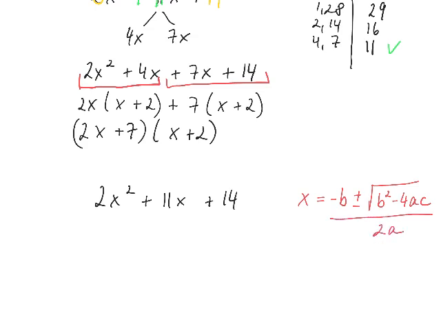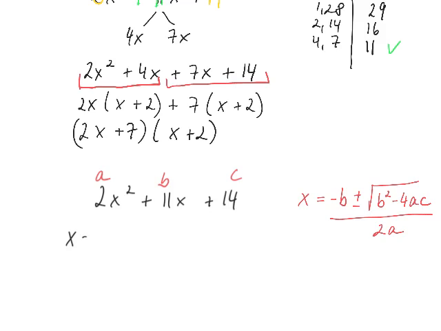So what do these letters mean? The number in front of the x squared is our a, the number in front of the x is our b, and the number by itself, no letter, is our c. We put that into the equation.